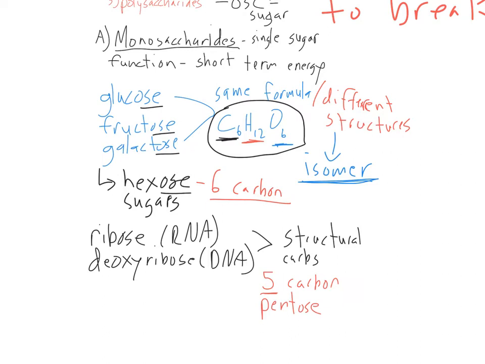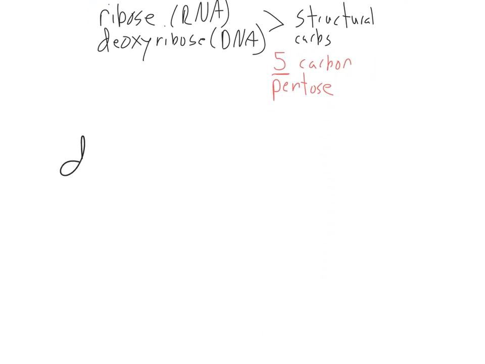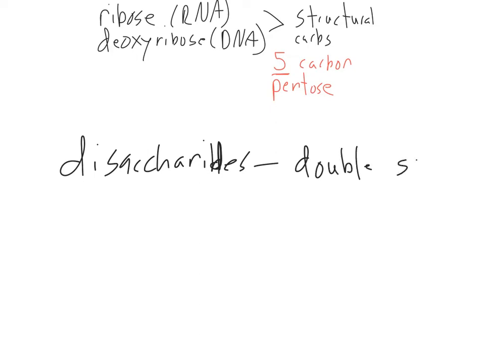All right, can we go to the disaccharides? We got to hustle. Okay, disaccharides. That's a D. All right, disaccharides. So these are double sugars. Double sugars, and there's 3 of them.